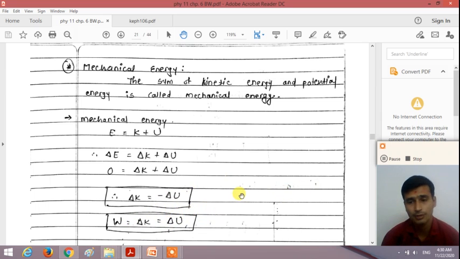You must remember this statement for the examples also, right? Work done by an external force is equal to the change in the kinetic energy is equal to the change in the potential energy, and this statement is known as the work energy theorem.